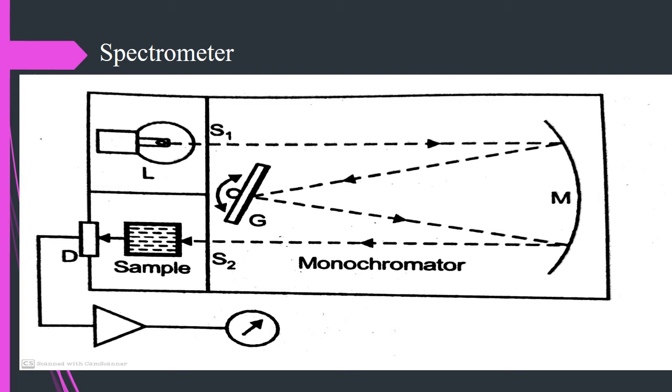A sensitive photodetector D will detect and sense the intensity of the transmitted light. The amplifier amplifies the output from the detector, and finally the indicator indicates the concentration of the substance. By rotating the grating, the measurements can be made at different wavelengths.